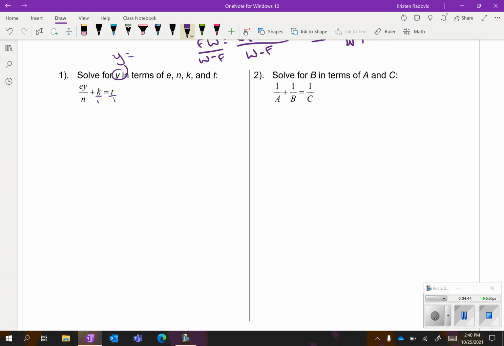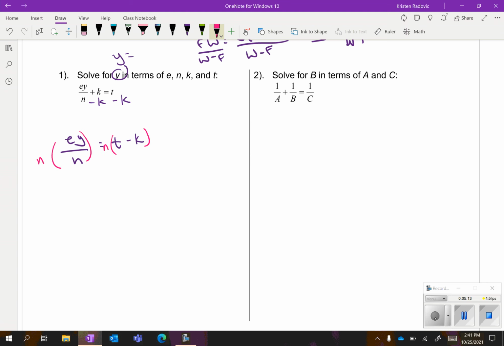You can get the common denominator of n, absolutely. However, there is an easier way to do this problem. If you want to get y by itself, first of all, get rid of the k. You're going to have EY over n equals t minus k. In order to get rid of a denominator, you need to multiply by it. So I'm going to multiply by n.